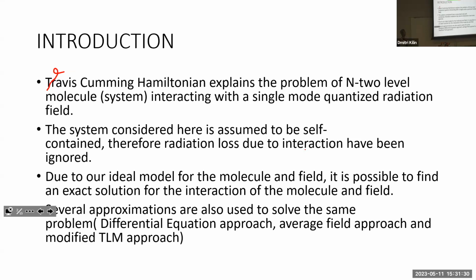Based on his research, he compared the exact solutions for the problem with certain approximations also done by people, such as the average field approach and the modified two-level model approach. But in this presentation, I will just be dealing with how he was able to formulate the problem and also solve the exact solution.